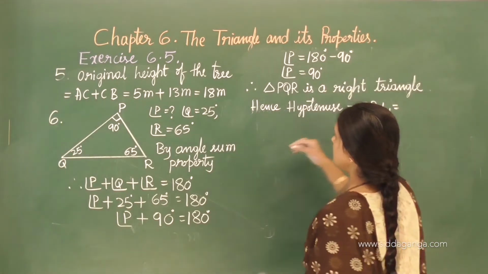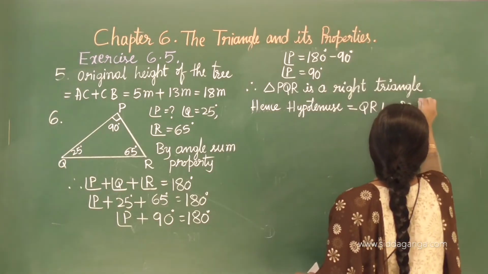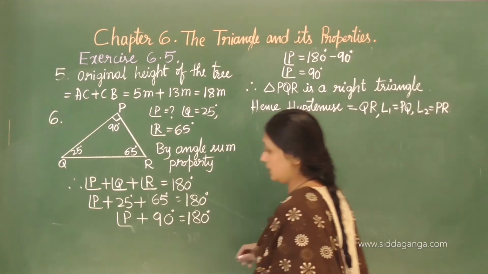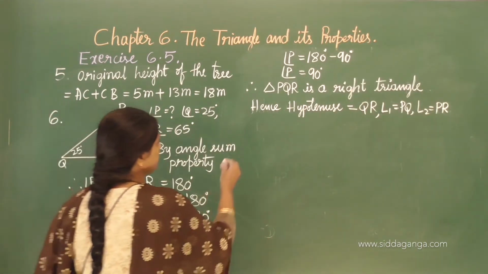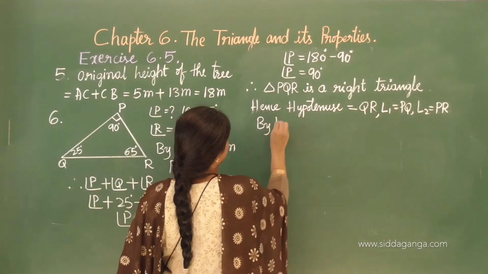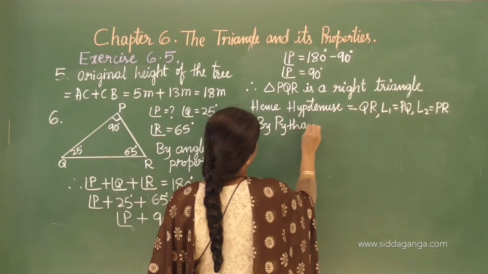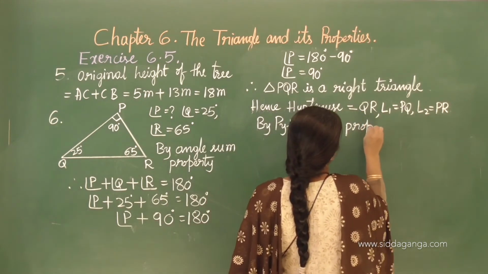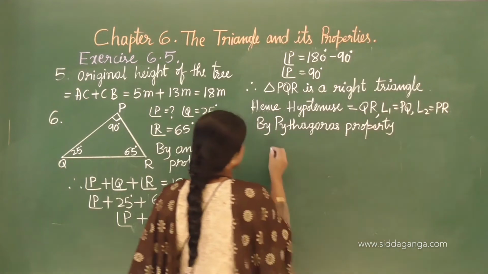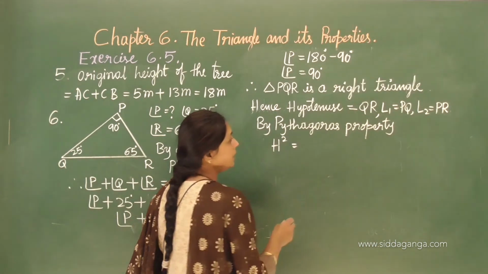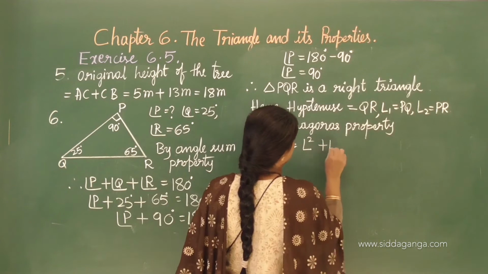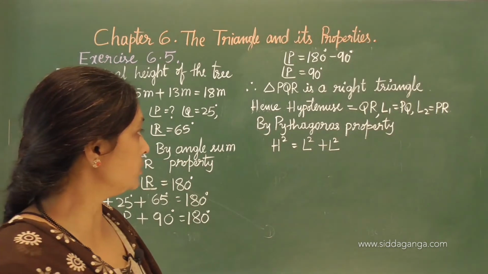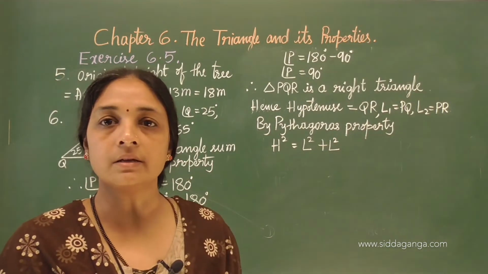Then by Pythagoras theorem, or by Pythagoras property, what can we write? We can write that h square is equal to L1 square plus L2 square. That is, the square on the hypotenuse is equal to the sum of the squares on the legs.